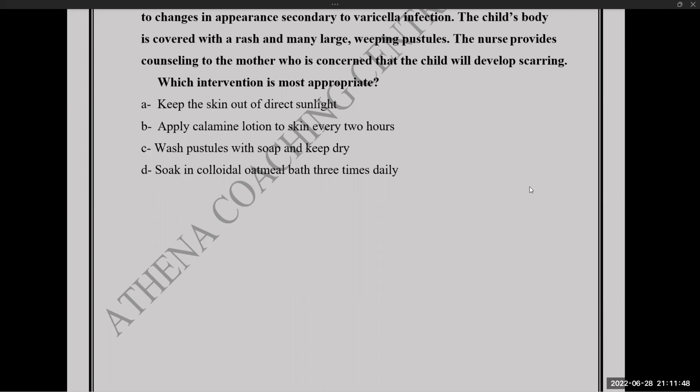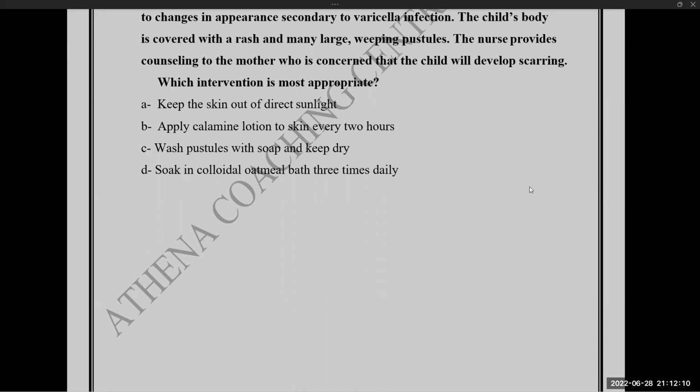But it will not have any direct impact on scars. So in order to maintain proper, scar-free skin, they can use an oatmeal bath. Just apply the colloid oatmeal bath, and that should be 3 times a day.